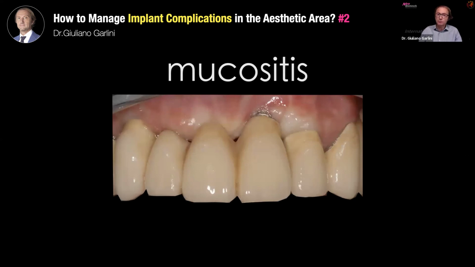If we have to deal with mucositis, the approach will be the same. So we have to clean the implant without a surgical approach, so with a closed flap approach, and we have to clean and detoxify the implant as much as we can.